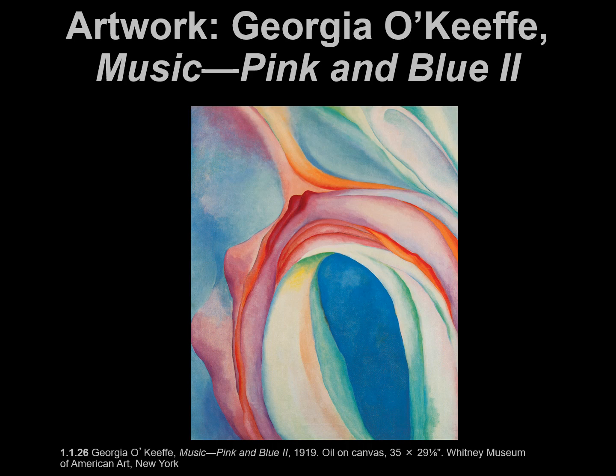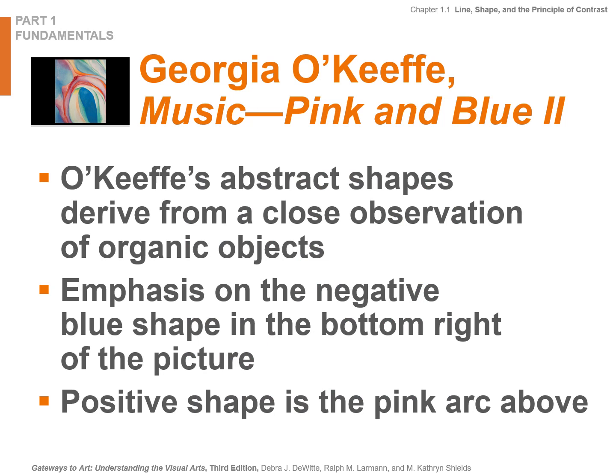It is an oil on canvas from 1919, and as we continue, our text will tell us that O'Keeffe's abstract shapes derive from that close observation, and that the emphasis on the negative blue shape in the bottom right of the picture helps pull our eyes into the composition, which is then taken on this amazing trip up through the upper left-hand quadrant of the image itself to that beautiful line work that you see with these lavender colors in the top.